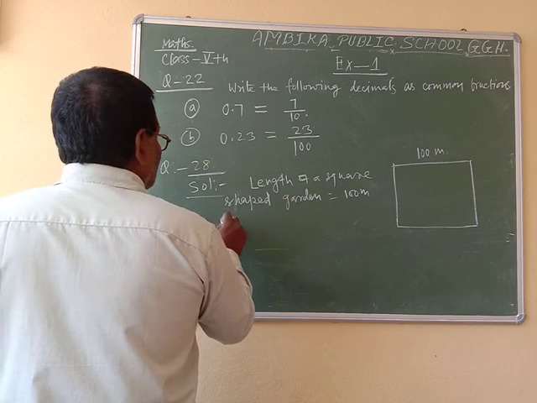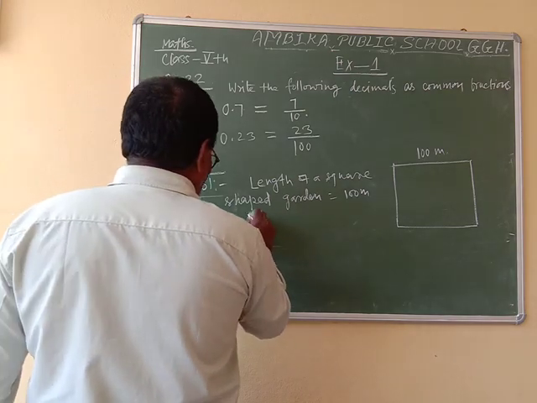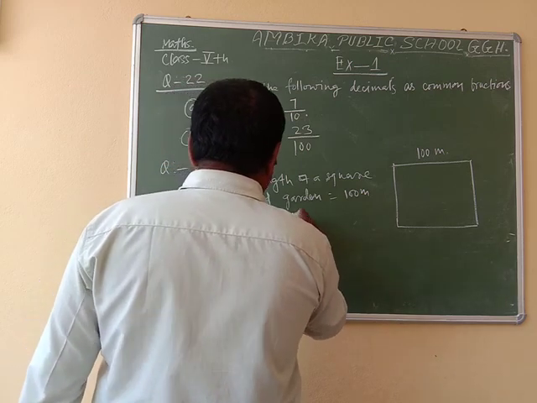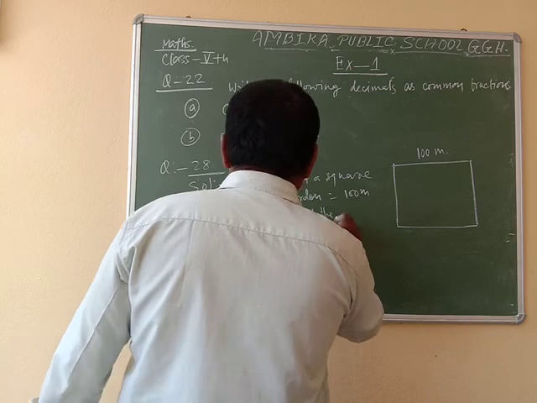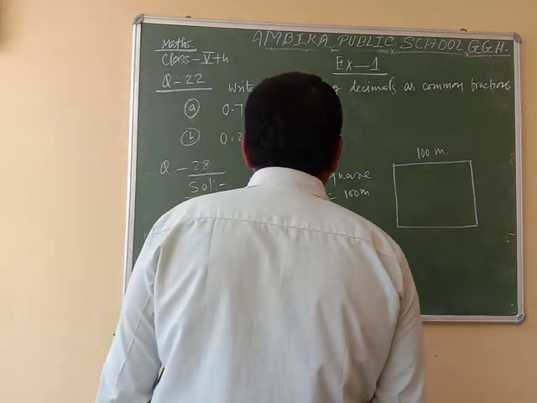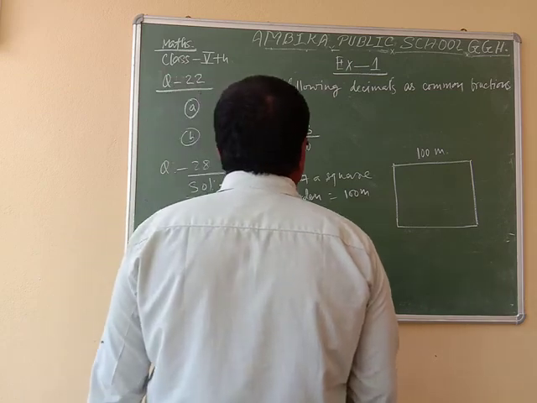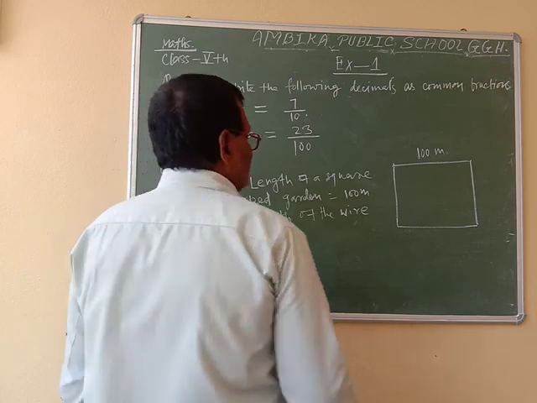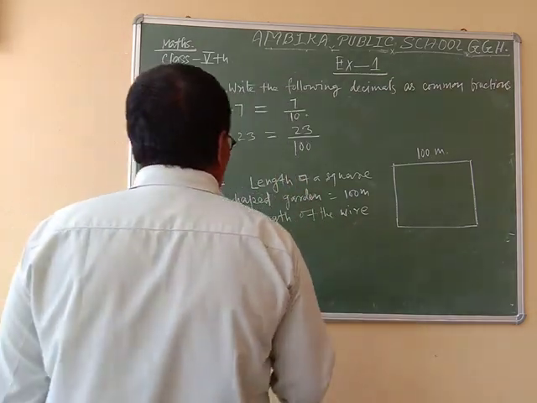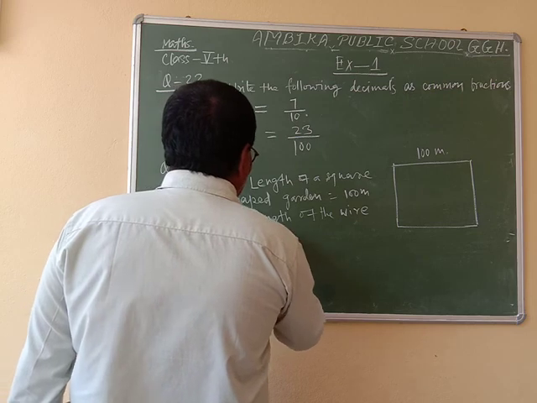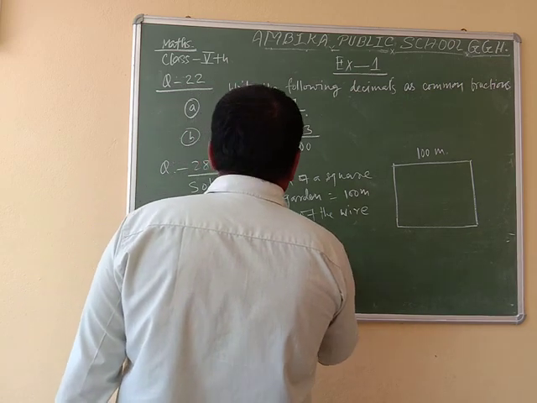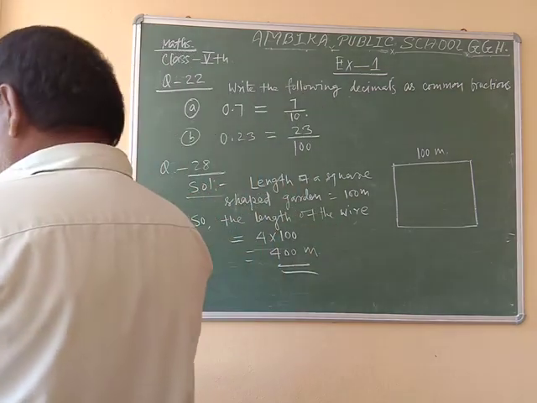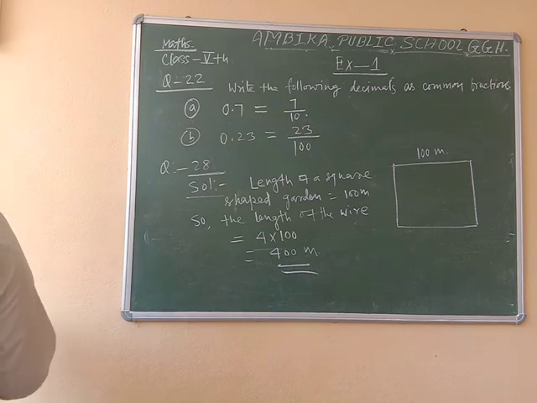So the length of the wire is equal to sum of four sides, बराबर 4 into 100 बराबर 400 meter.